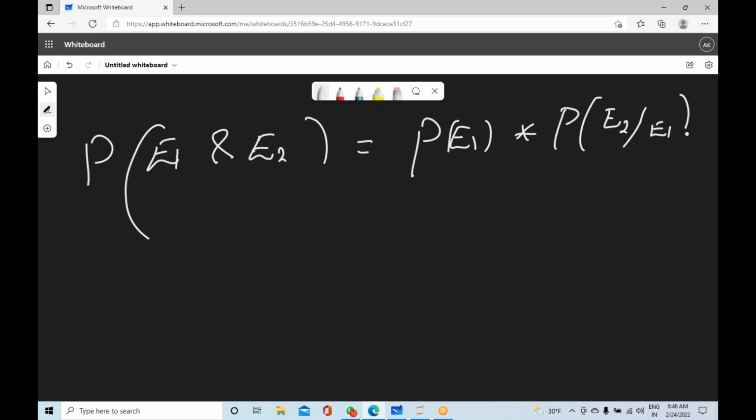This is the term we call conditional probability, and this is the thing we use in our Bayes theorem. Clear?